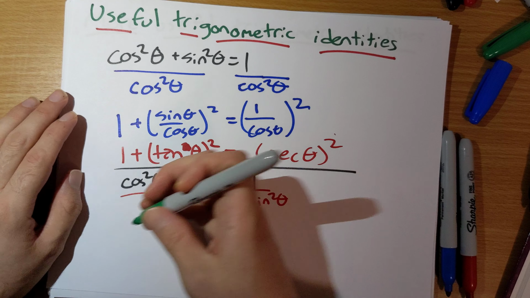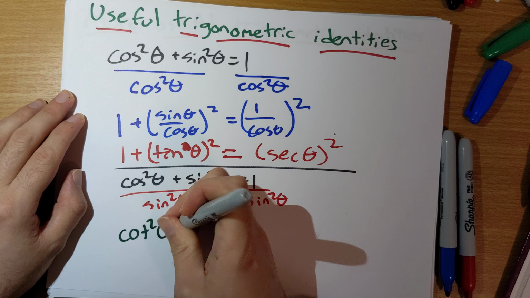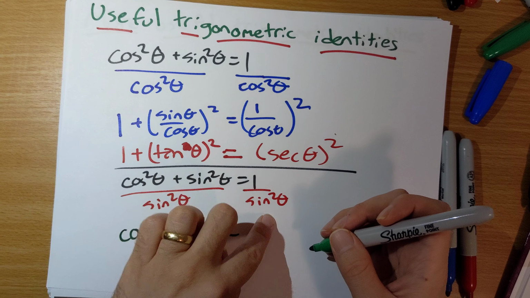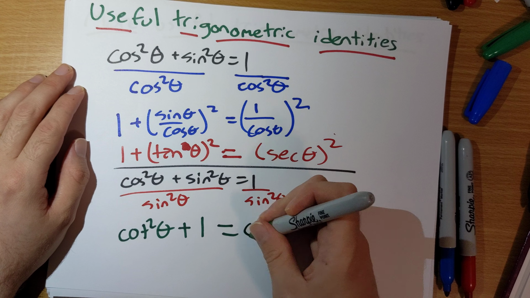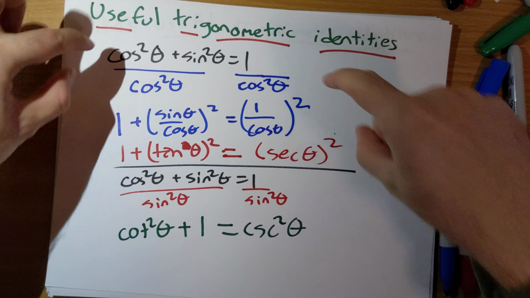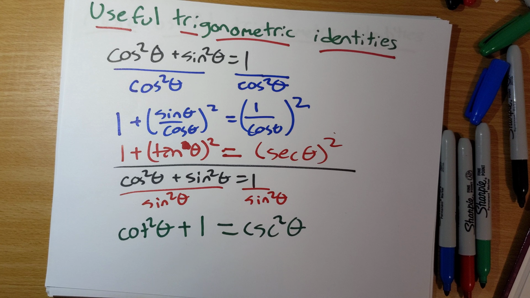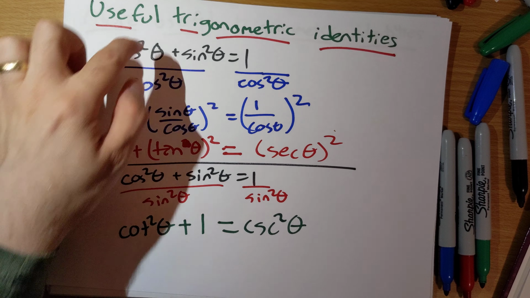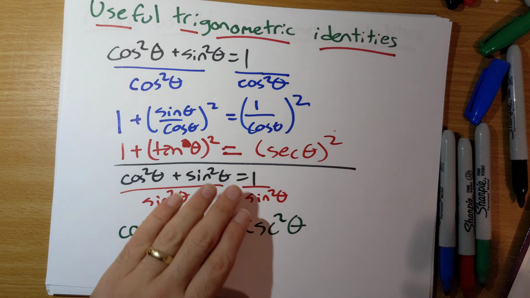Cosine squared theta divided by sine squared theta is cotangent squared theta. Sine squared theta divided by sine squared theta is 1. 1 over sine squared theta is cosecant squared theta. So these 3 identities are all very useful. If you forget these 2, it's very easy for you to rederive them from this one.